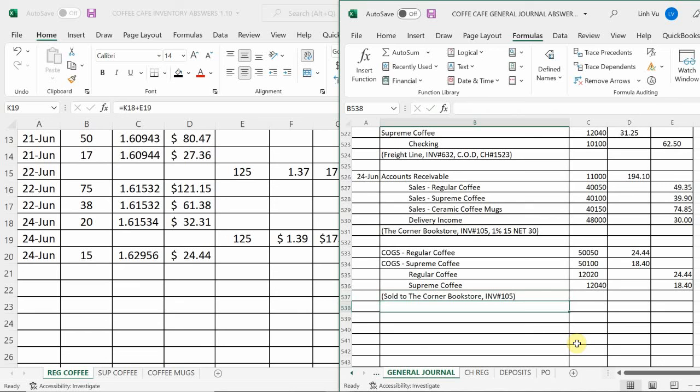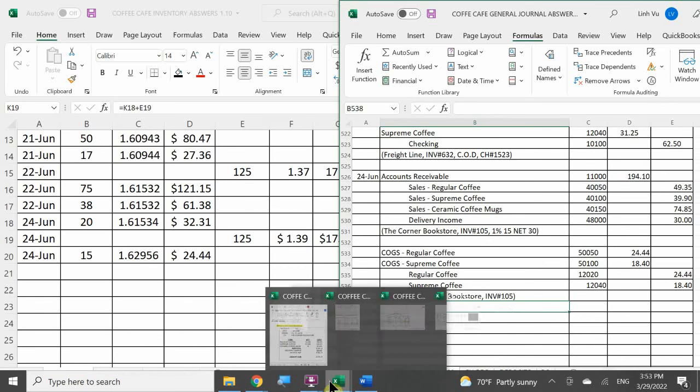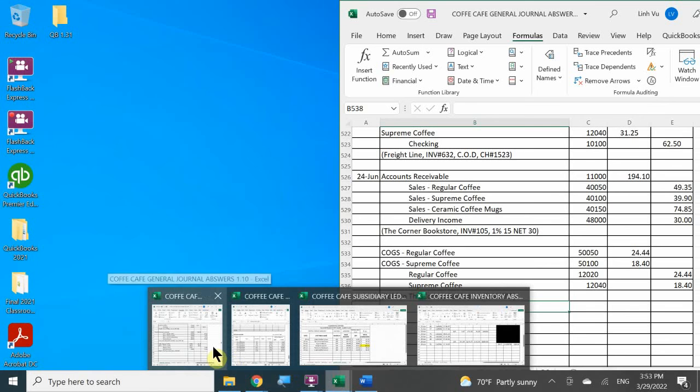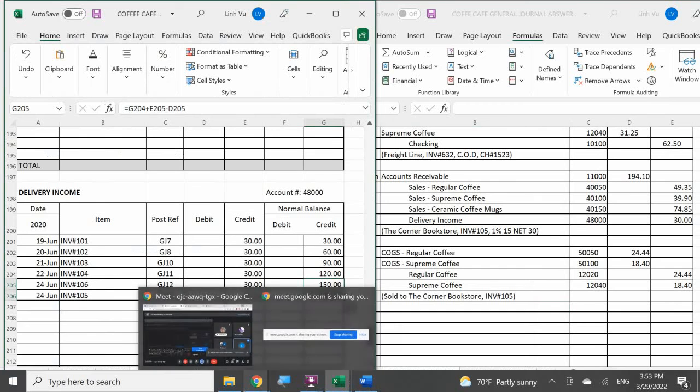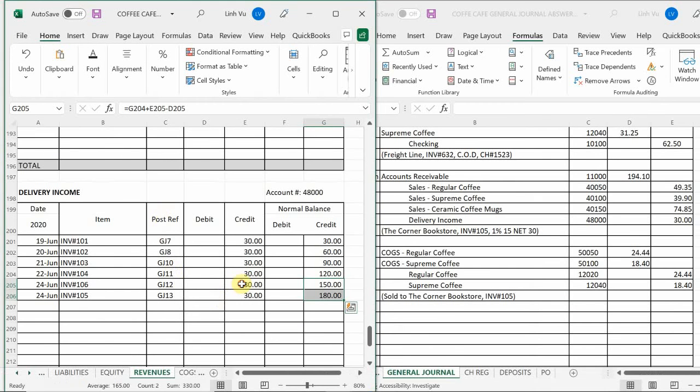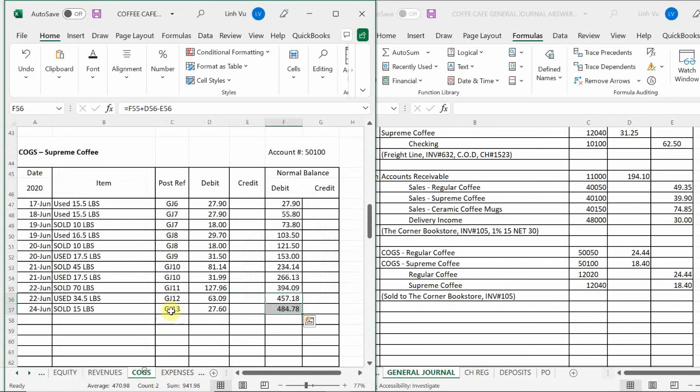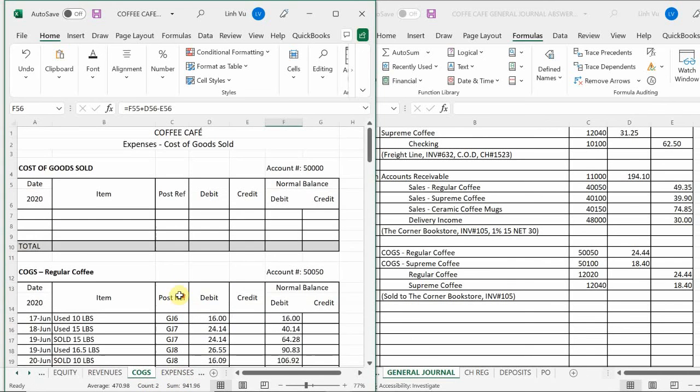Okay, with the invoice 105. Okay. So we got to adjust our ledger accounts.